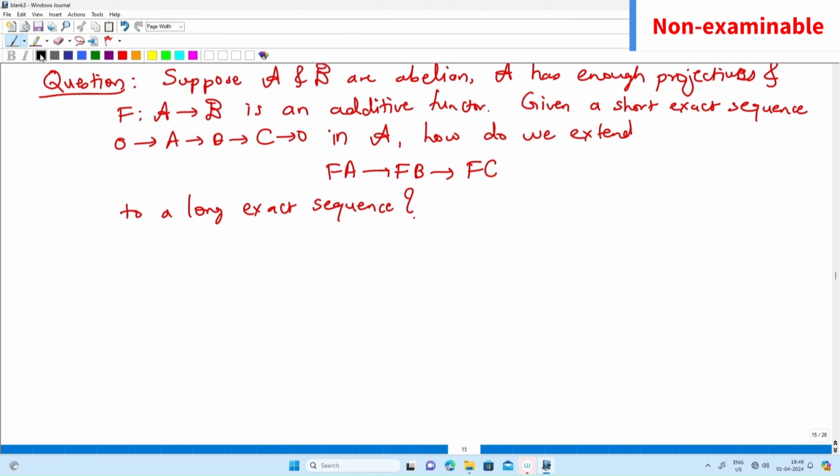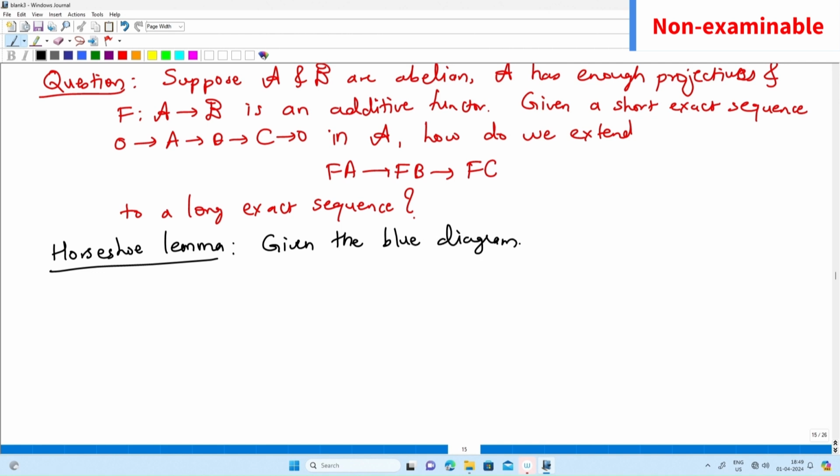Okay, so this is the question, and before we do anything, we will precisely use your idea and write this horseshoe lemma. Okay, so given the blue diagram, and I have to draw the blue diagram now.